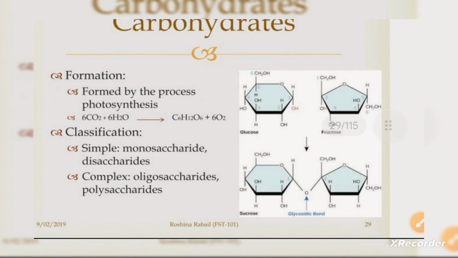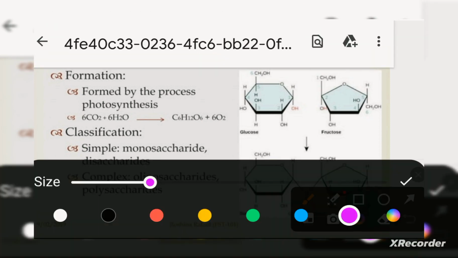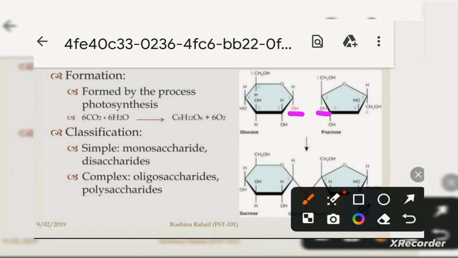So, carbohydrate formation is a simple and easy topic. Glucose and fructose have only one difference: the OH group is on the right side in one, and on the left side in the other. No other change.